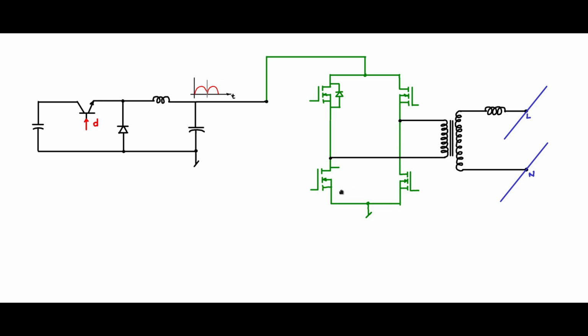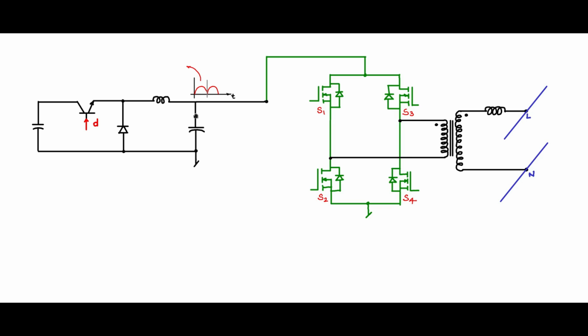So let me complete the internal body diodes of the MOSFETs. So you have the body diodes, and complete the dot polarities. So this would be the complete circuit. Let me now name the switches. I will call this one switch S1, this is S2, this is S3 and S4.